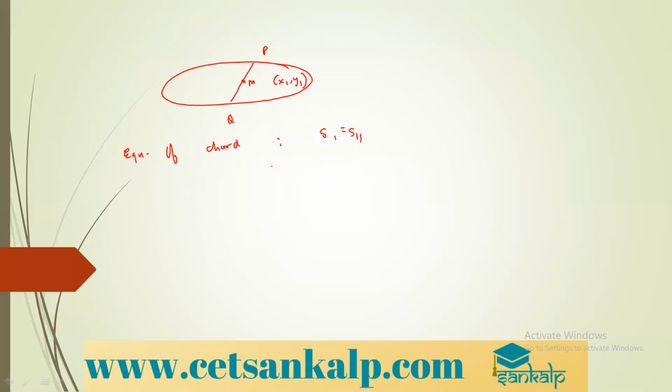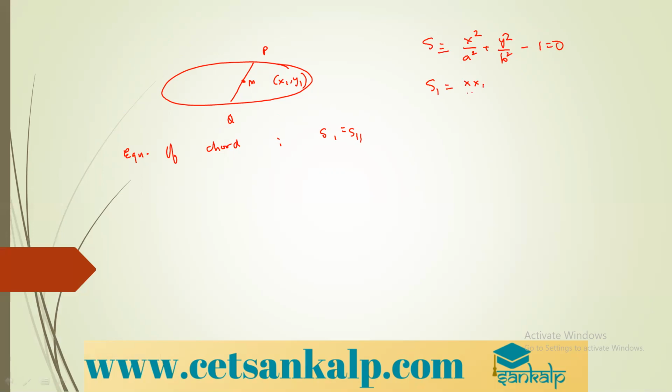Now what is S1? As I told you, the equation of the ellipse can sometimes be written as S. So with that you can get S1 and S11. Suppose S is x²/a² + y²/b² − 1 = 0.